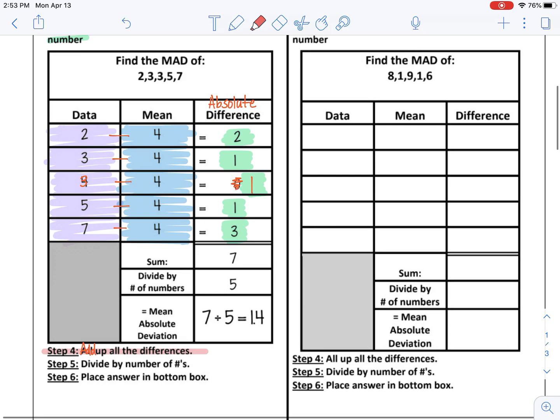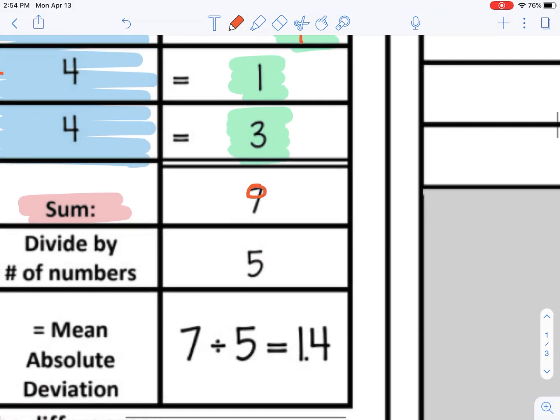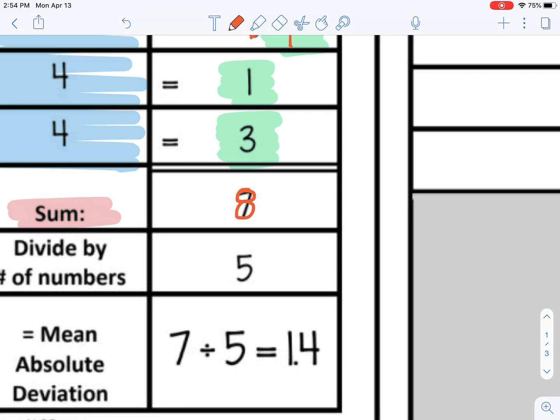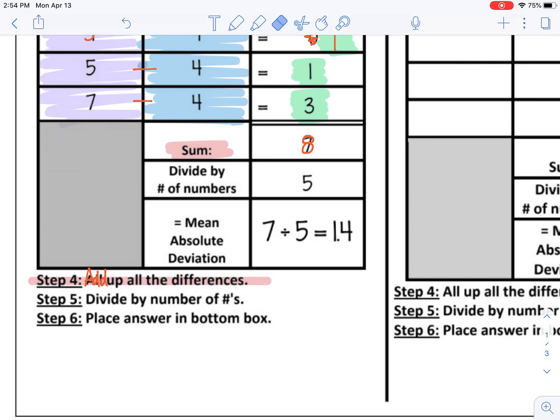So when we add those, we get that sum. We're adding up the green column: 2 plus 1 is 3, plus 1 is 4, plus 1 is 5, plus 3 is 8. Change that number to 8. Step number 5, you're going to divide by the amount of numbers.